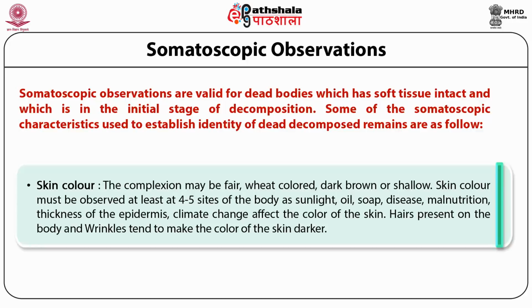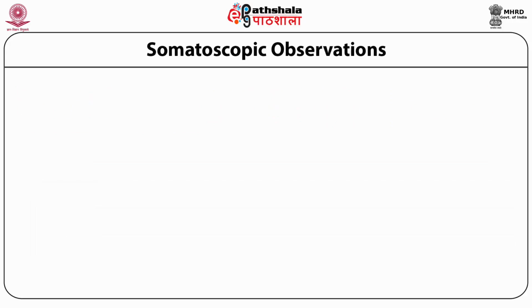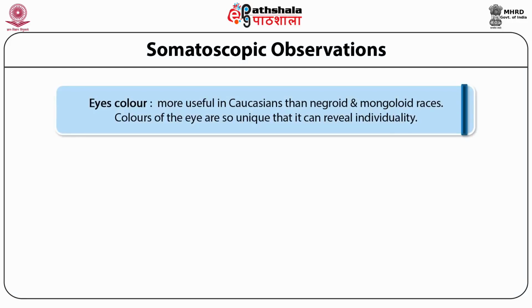Hairs present on the body and wrinkles tend to make the color of the skin darker. Eye color is the usual parameter in Caucasoid, then Negroid and Mongoloid races. Colors of the eye are so unique that they can reveal individuality.